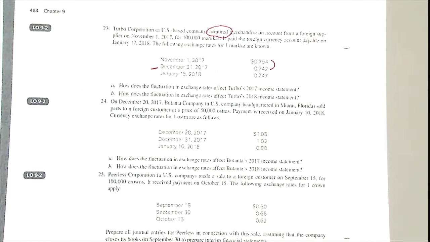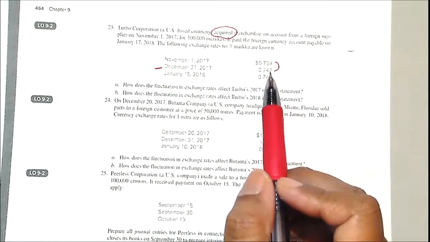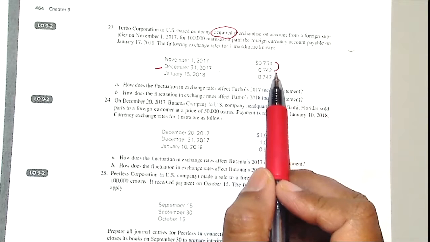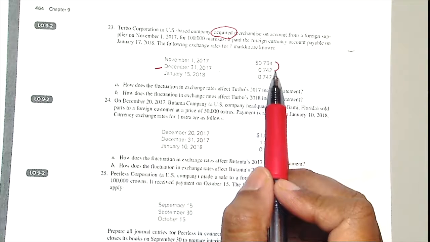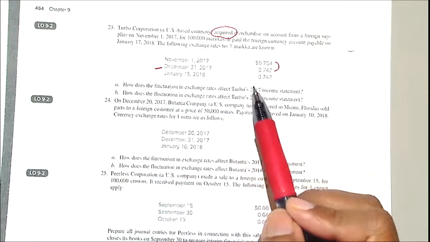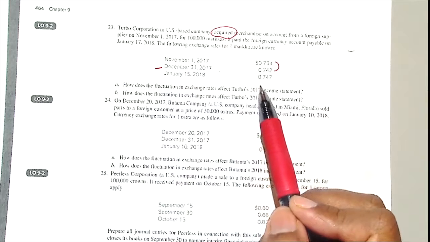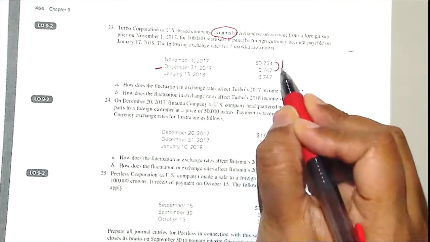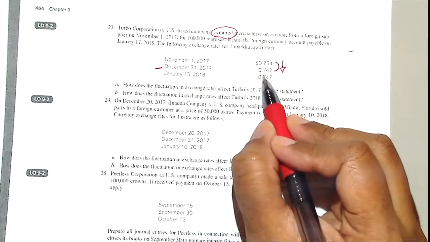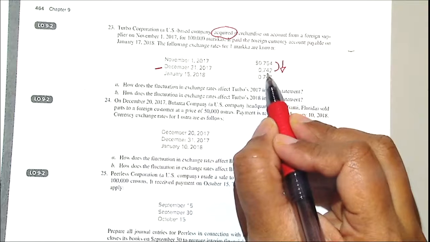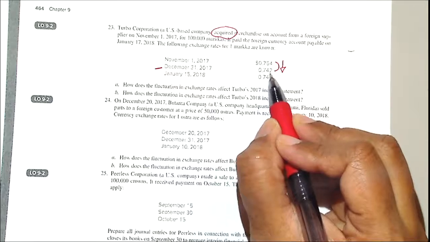Now what happened to the marker's value? The marker's value goes up or down. This is one marker against the dollar. Who can tell me, if you compare November 1st to December 31st? Yes, Kyle. It went down, right? So if you take the difference, it went down 0.012 cents, right?